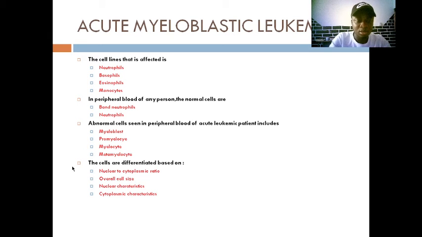So how can I differentiate myeloblast from promyelocyte, or myelocyte from metamyelocyte? One thing that we use is the nuclear to cytoplasmic ratio: the nuclear content compared to the cytoplasm. Then look at the overall cell size, the nuclear characteristics, and the cytoplasmic characteristics. I'll talk more about this.